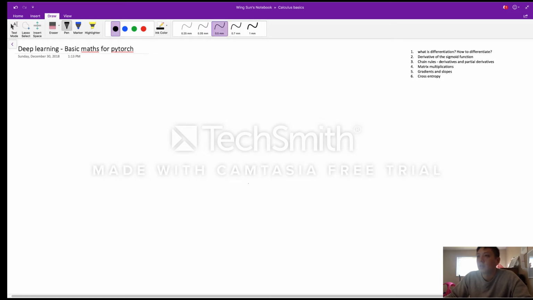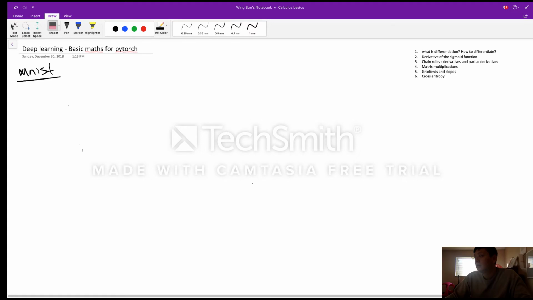So in a certain MLP, let's just go back to the MNIST. There's one thing about matrix multiplication that you really need to understand.